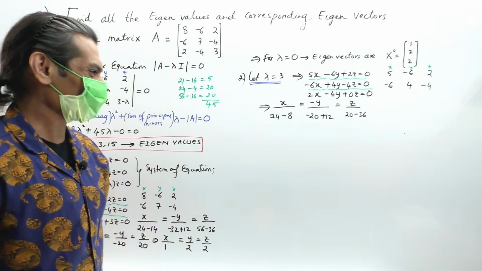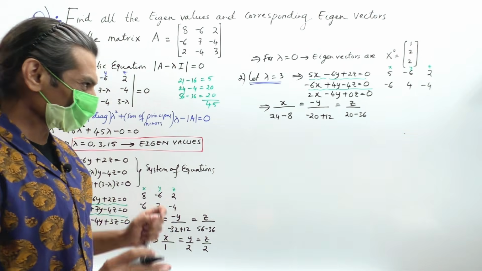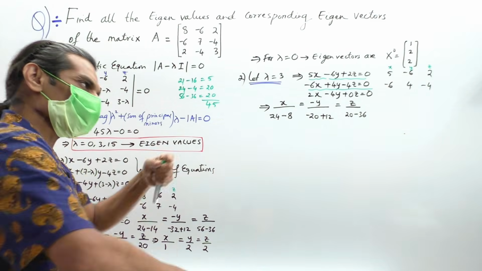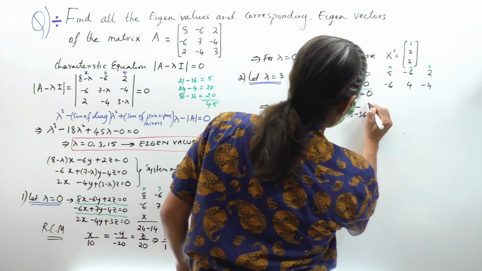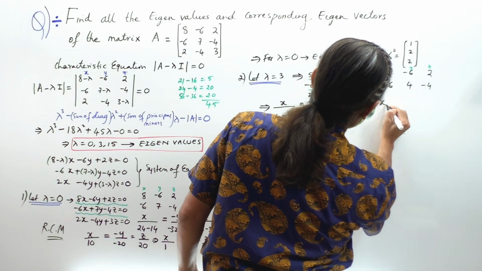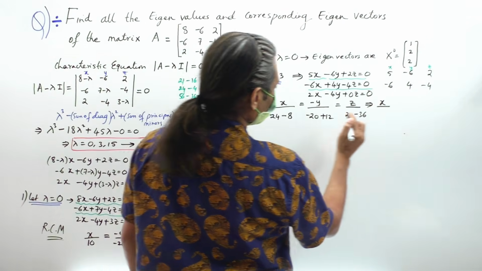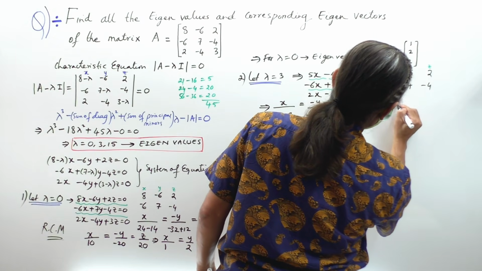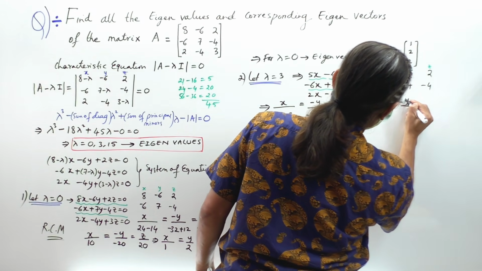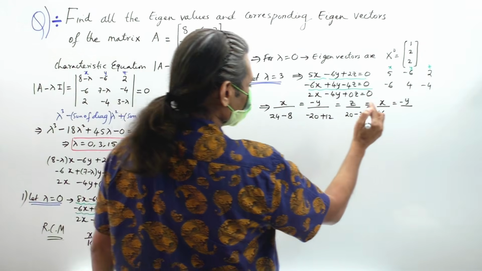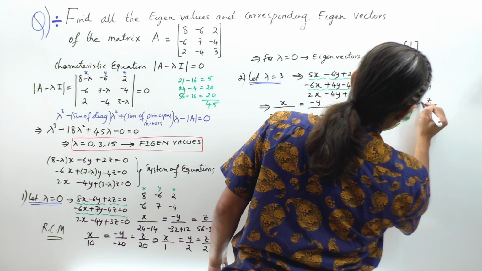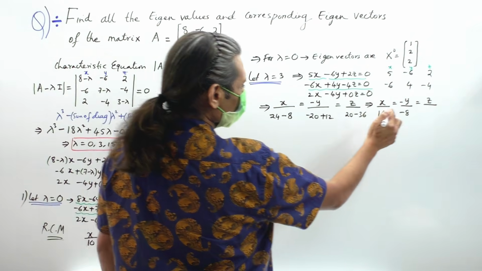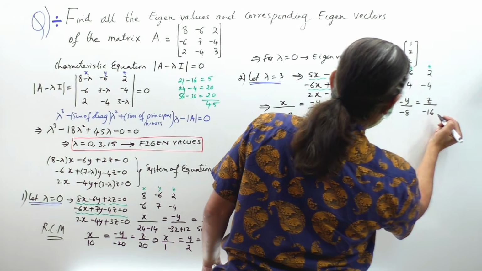That's it. I hope you're getting it clearly. If not, rewatch the videos till you get it. Now this will yield x by 24 minus 8, 16, minus y by minus 20 plus 12, minus 8, equals z by 20 minus 36, minus 16.